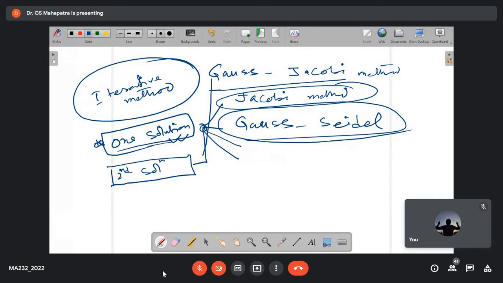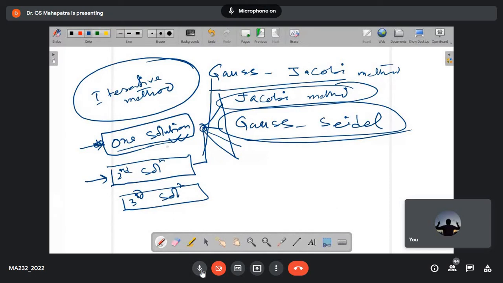So this is your first solution, obtained using any method. To improve this solution, in the second solution you have to use the previous solution as an input. Similarly for the third solution, what is the input?